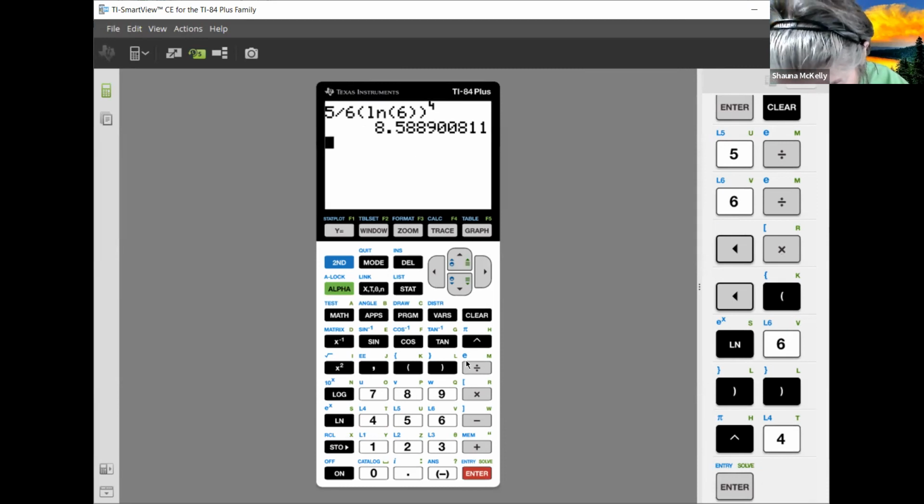Now, B is, let's do the second expression here. So the second expression was a lot tougher.